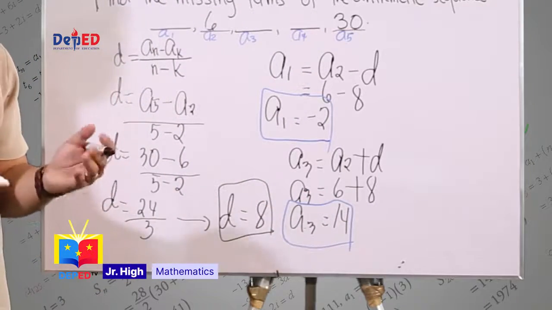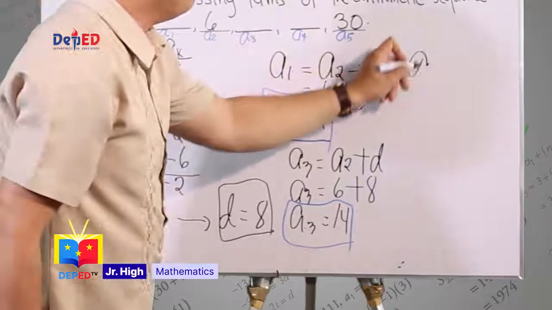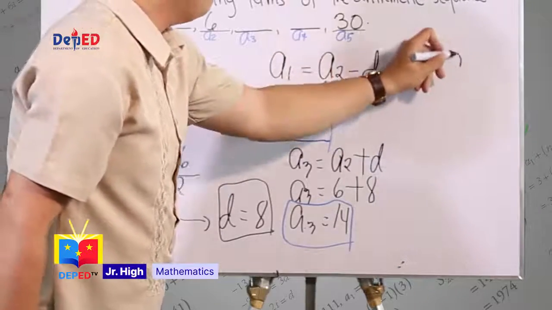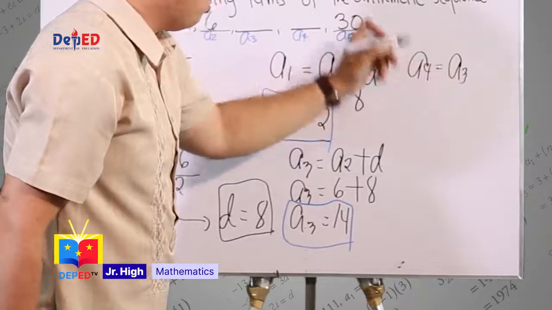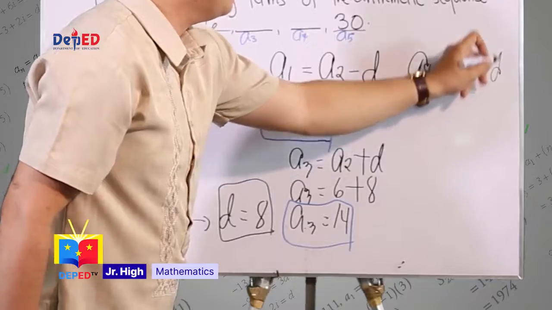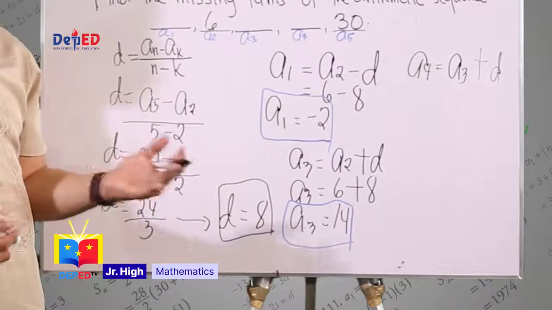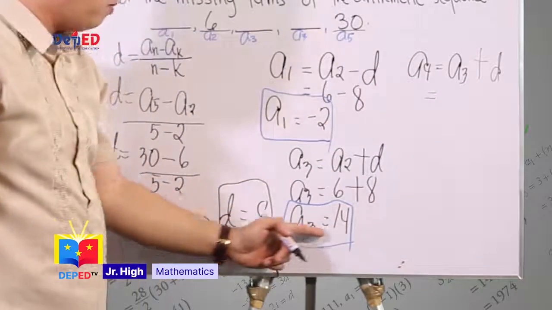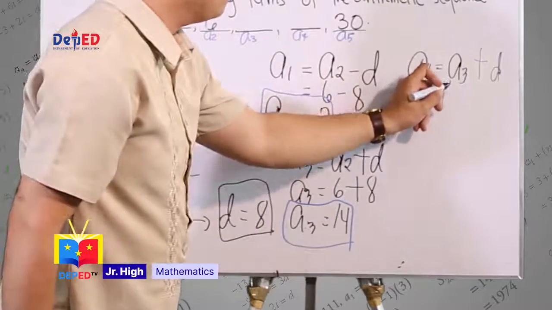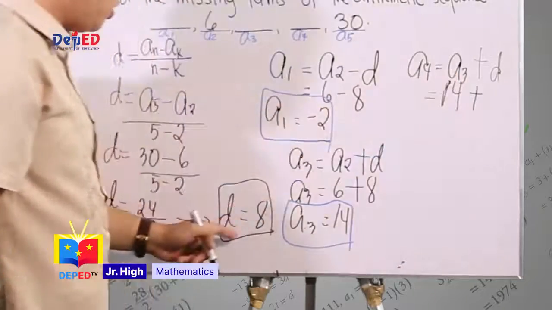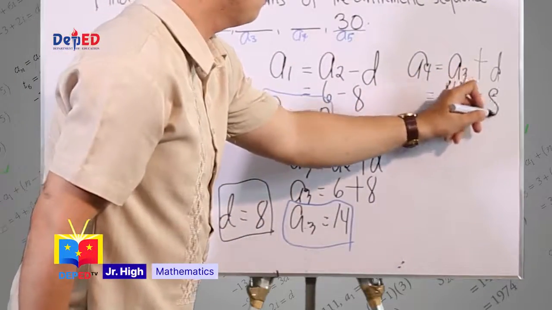And for the fourth term, you'll have a sub 4 is equal to the sum of the third term plus the common difference. Using the value for the third term, a sub 3 is 14, plus the difference, which is 8.